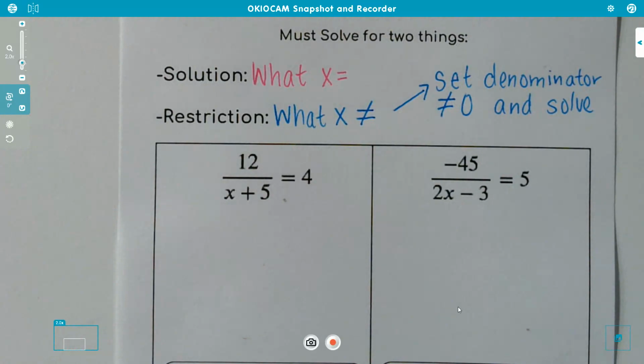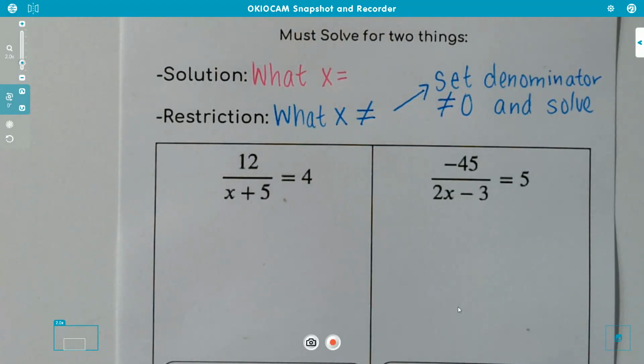Because right now we have x's in our denominators, but there aren't any x's in our numerator. In future classes, specifically Algebra 2 in 2 years, so you'll take geometry next year and then algebra 2 the year after. So in future classes, once you have x's in your denominator and multiple x's in your denominator plus x's in your numerator, there is a chance that one of your solutions will also be one of your restrictions.